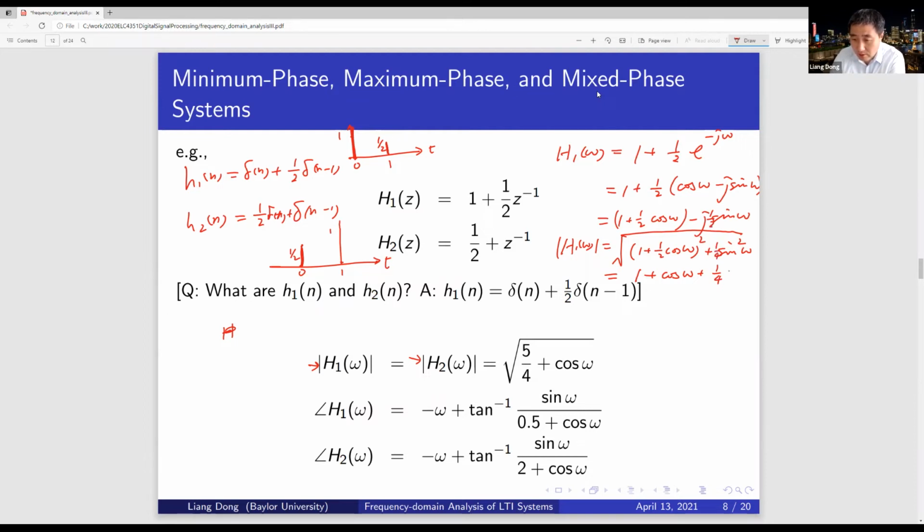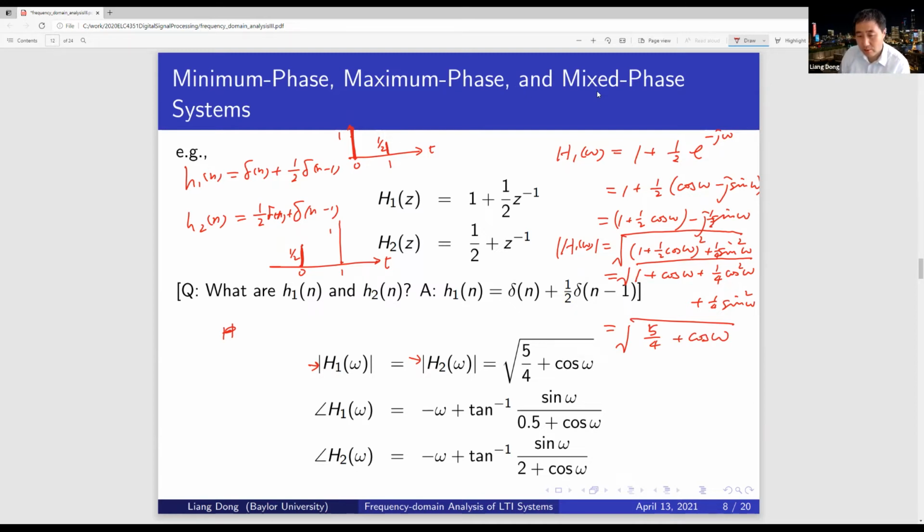So 1 over 4 cosine squared omega plus 1 over 4 sine squared omega, and then take a square root here. That will be the square root of 1 plus 1 over 4 plus cosine omega. All right, so that's what we have here. The amplitude is equal to that.